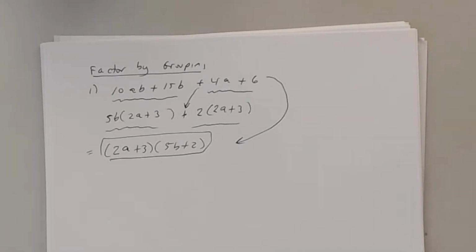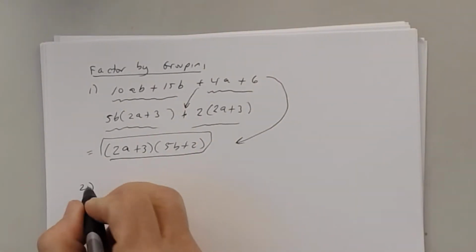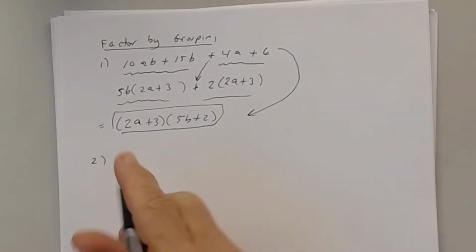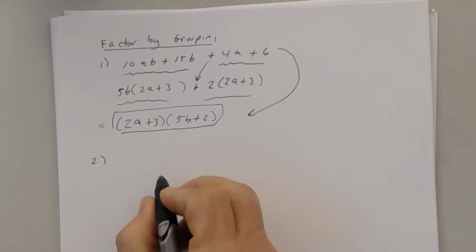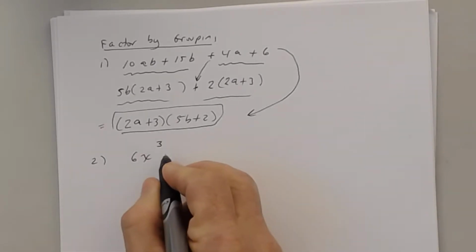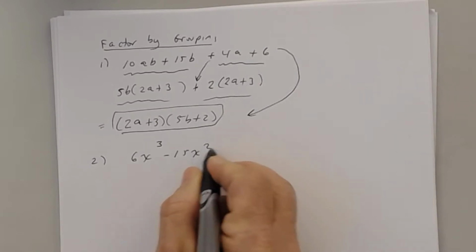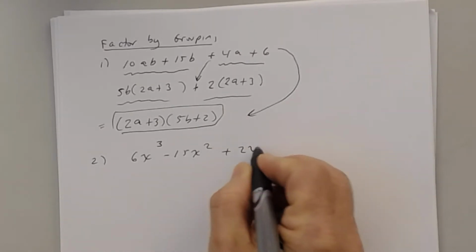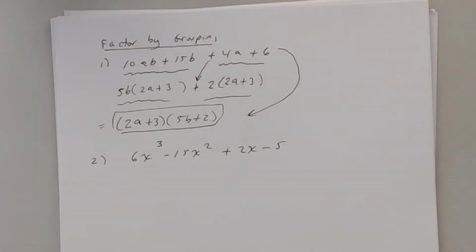All right, let's do another grouping. Number 2. Suppose you had 6x cubed minus 15x squared plus 2x minus 5. So 6x cubed minus 15x squared plus 2x minus 5.